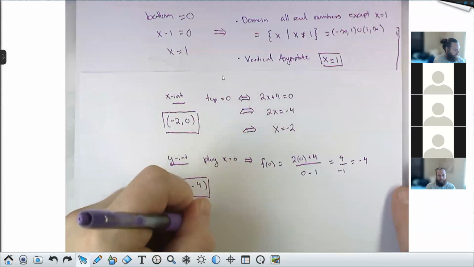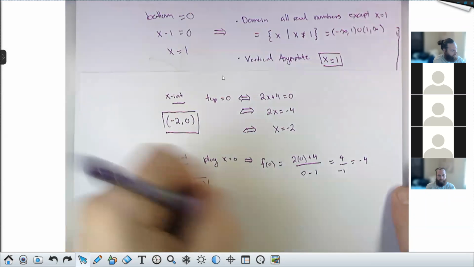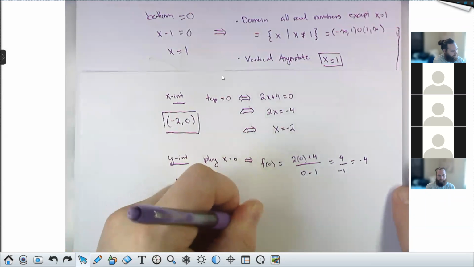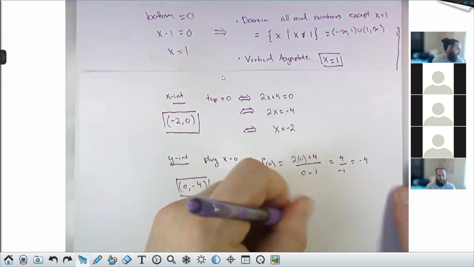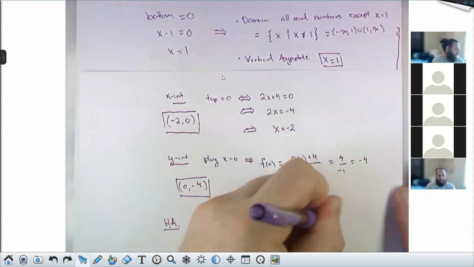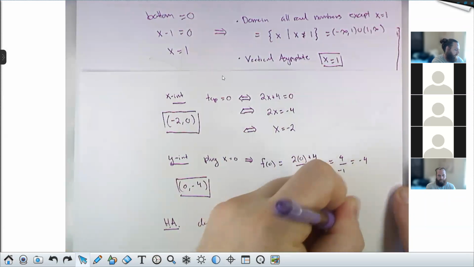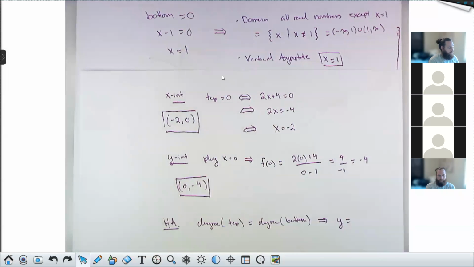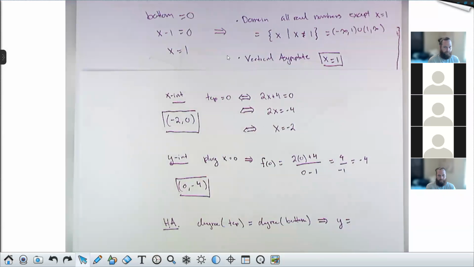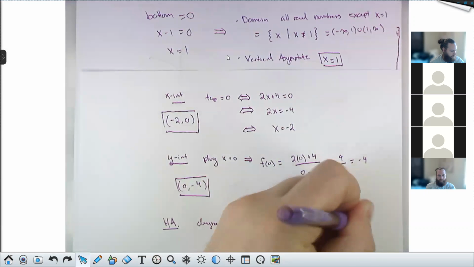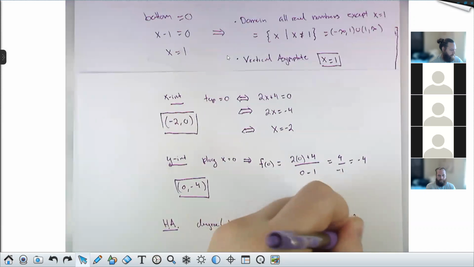So since the degree of the top is equal to the degree of the bottom, we learn that the HA is the line y equals the ratio of lead coefficients. So the lead coefficient of the top is 2. The lead coefficient of the bottom is 1. So this would be the line y equals 2 over 1, or just y equals 2.